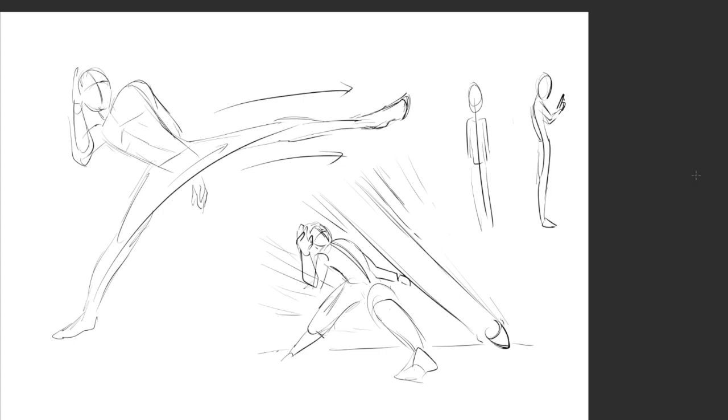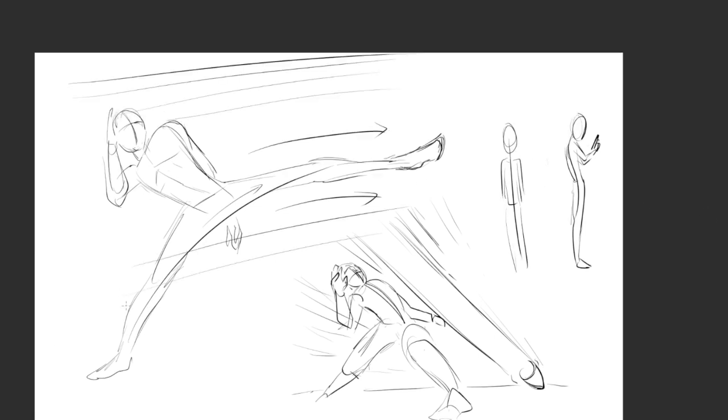In this example here on the kick, there are parallel speed lines. From what I've noticed, parallel speed lines basically denote a 2D representation of a movement. So if it's moving really, really fast in a 2D space, then you can use this. If it's 3D, for example in this one, it's moving in a three-dimensional manner.